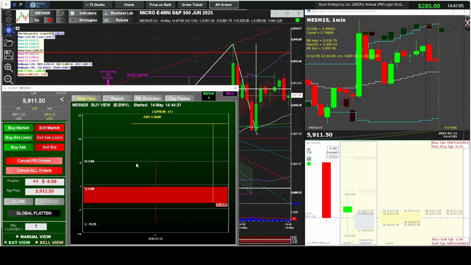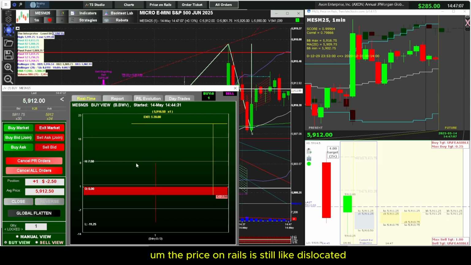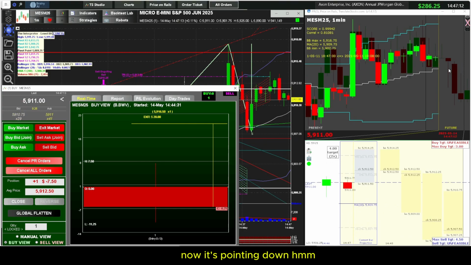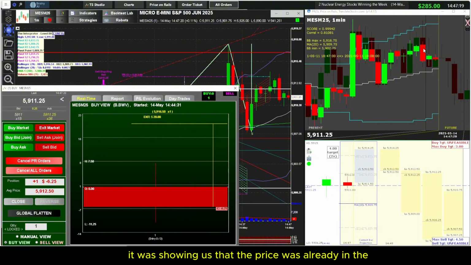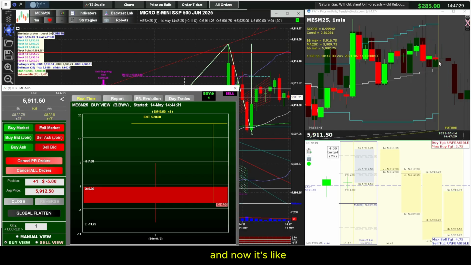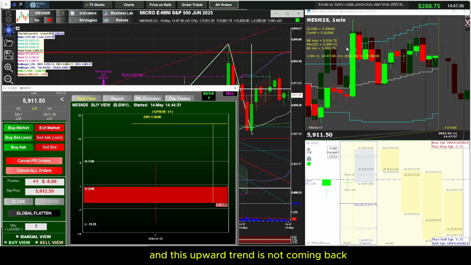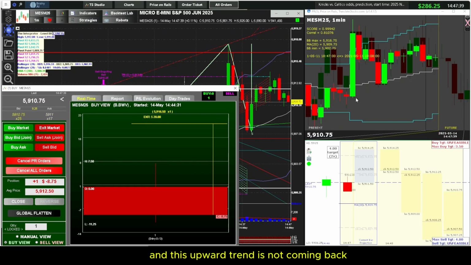The price of rails is still dislocated. Now it's pointing down. That makes some sense. It was showing us that the price was already in the situation that it should be, and it was right. And now we passed through a lot of different candles, and this upward trend is not coming back.